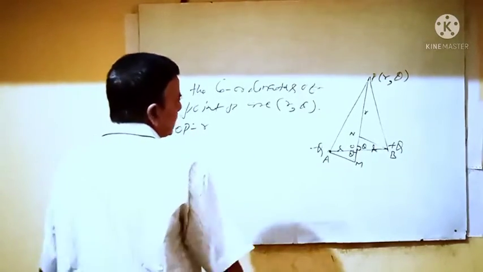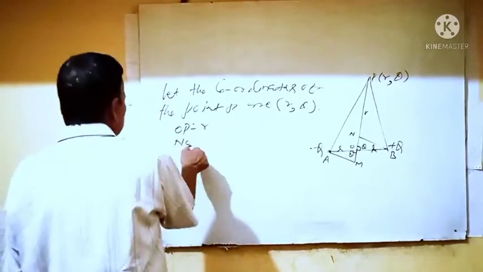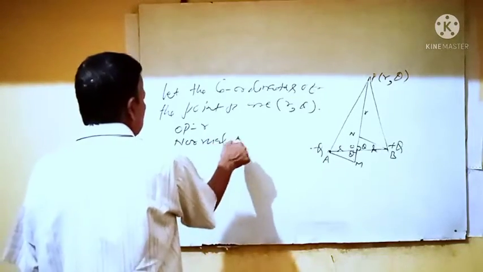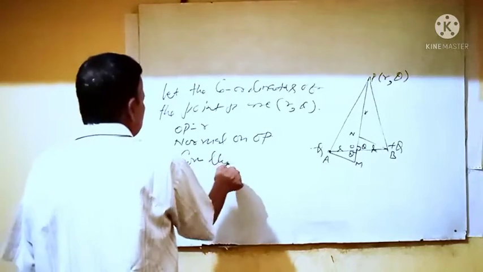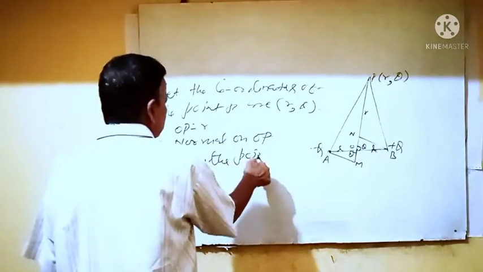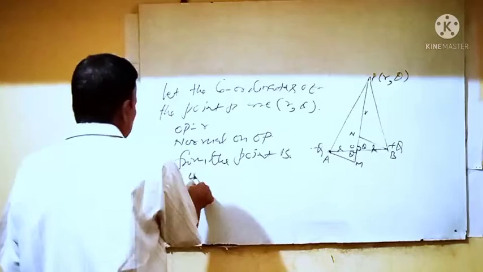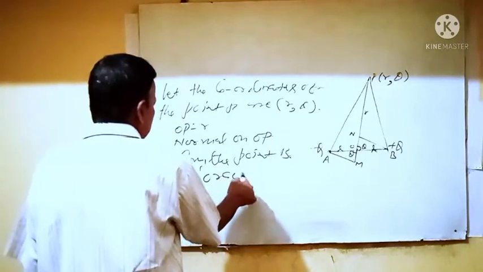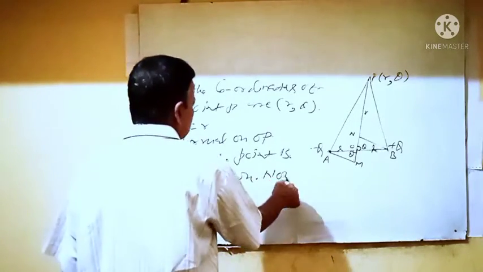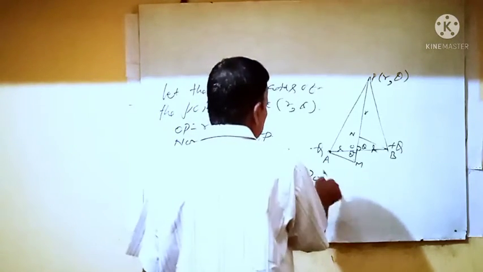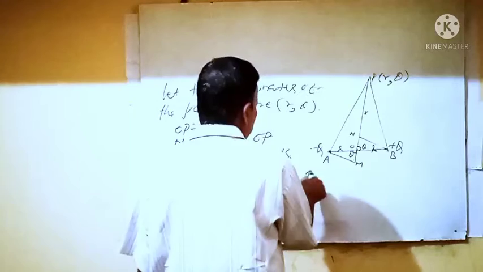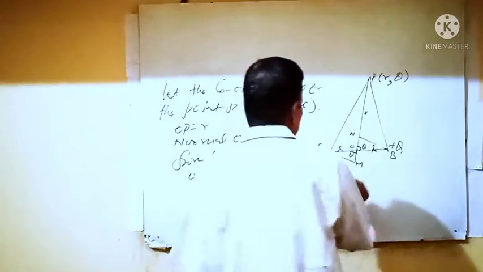A normal on OP from the point B is drawn. Now PO is produced ahead.